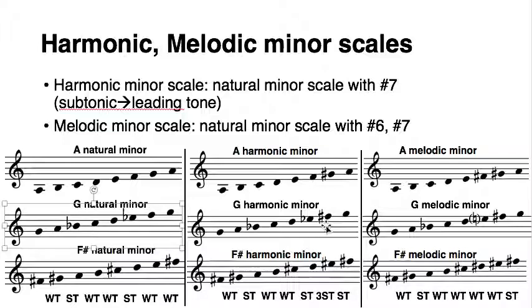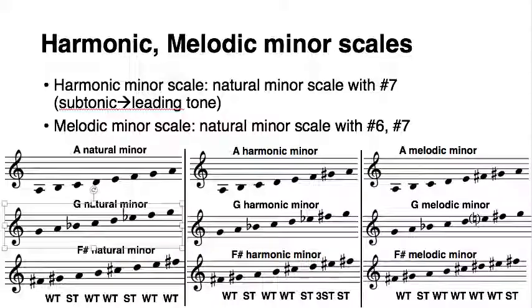We know how to do that with 7, that takes a sharp, but with 6, we are not going to need an E sharp. That would be incorrect. That would be raising scale degree 6 by 2 semitones, and it just needed to be raised by 1 semitone. So instead, we simply turn that E flat into an E natural.